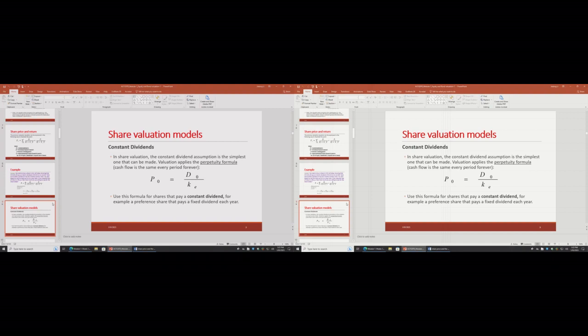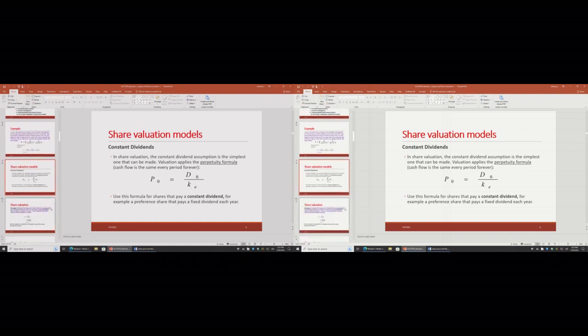Every period, the dividend will be the same number. How do you calculate the present value? You just use the perpetuity model, so C over I. In the dividend growth model, C is the periodical cash flow, which is the dividend payment, and I is the cost of capital, which is KE. That is very straightforward.